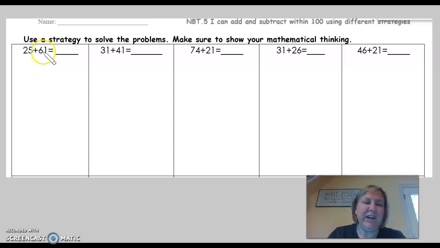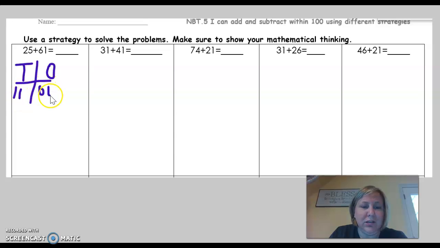If I did 25 plus 61 and I really like drawing and building the numbers, then what I'm going to do is show my mathematical thinking right here. If I have my tens and then my ones, and then I draw 25: 10, 20, 1, 2, 3, 4, 5.